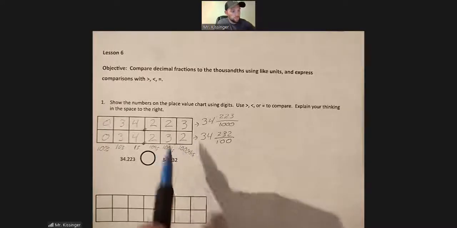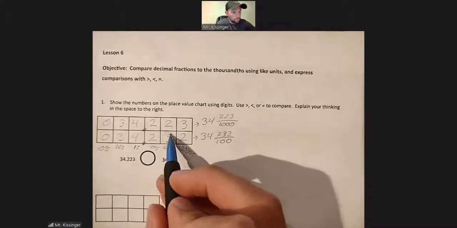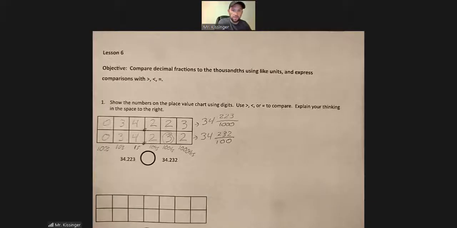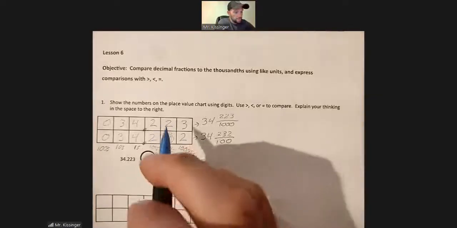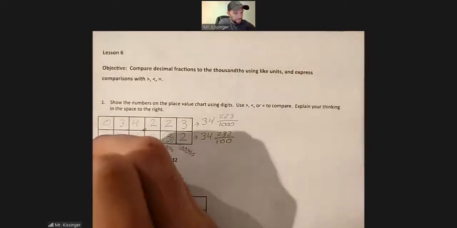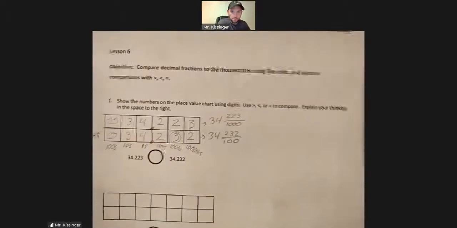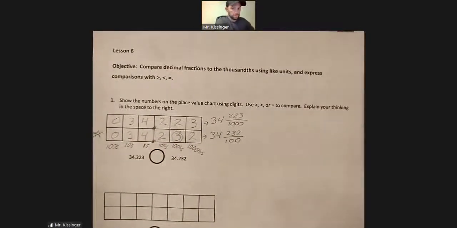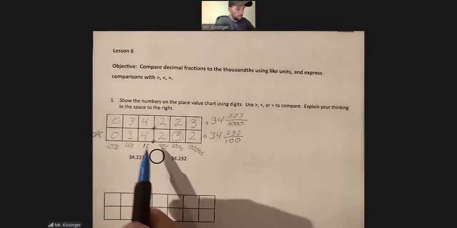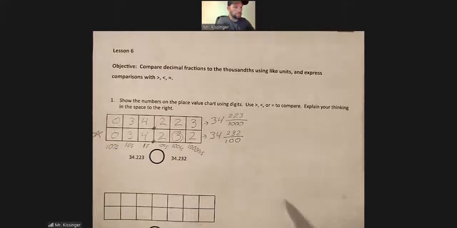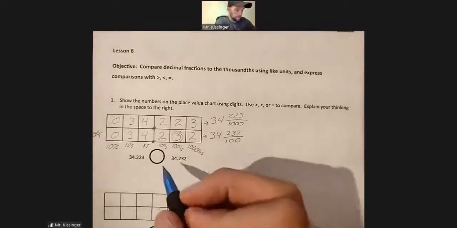So we just look at which one is a greater number. Our greater number is 3, and so we know that this number here is going to be greater, and that one was 34 and 232 thousandths.